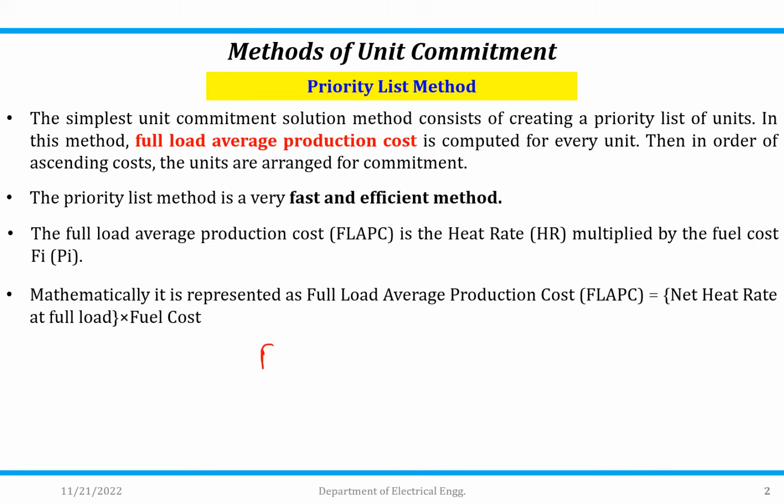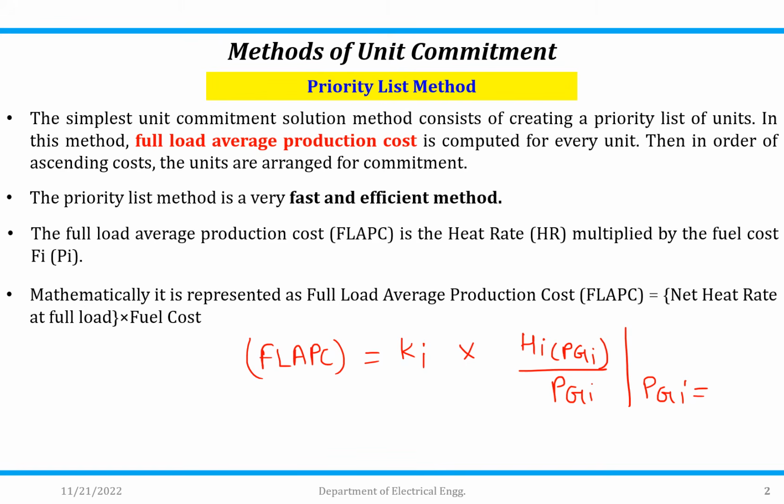So I can write the formula of FLAPC as cost, let's say Ki, into net heat rate at full load. How is it calculated? Hi(PGi) divided by PGi, where PGi will be equal to PG maximum.